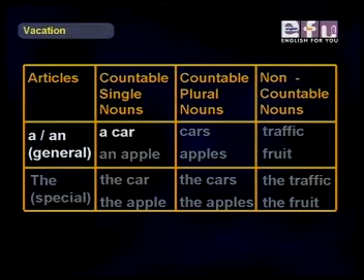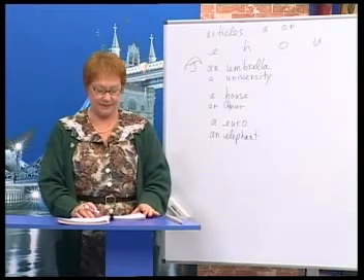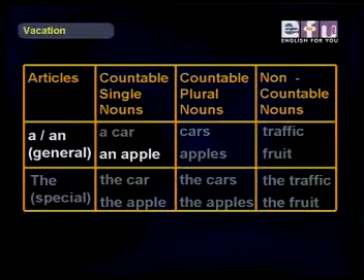With countable single nouns, we have a car. Countable plural, cars, general. Non-countable nouns, traffic, no a. Another example: countable single, an apple. Countable plural, apples, in general. Non-countable, fruit, no a or an.